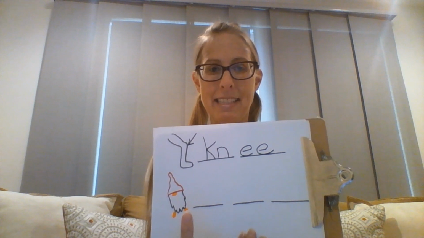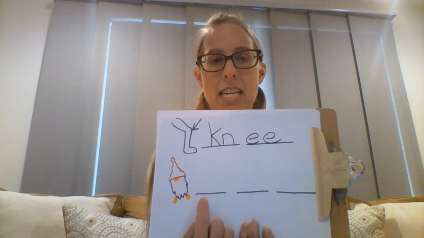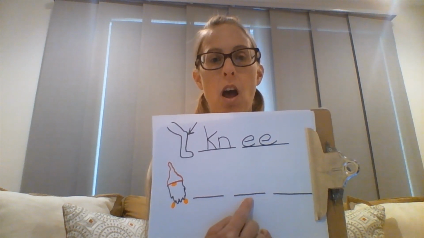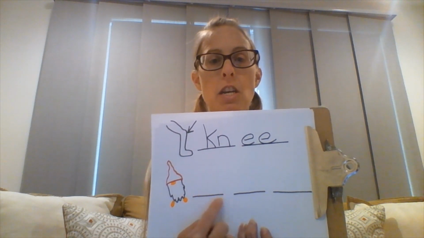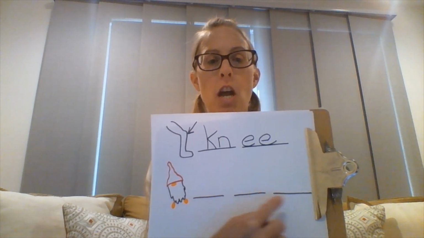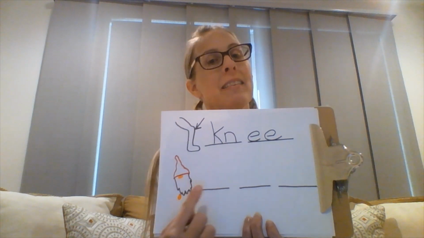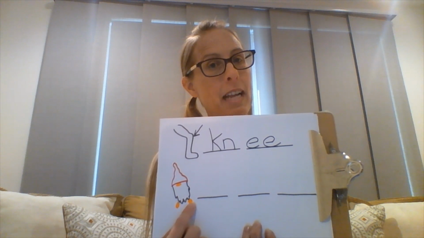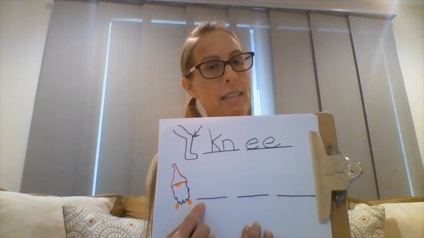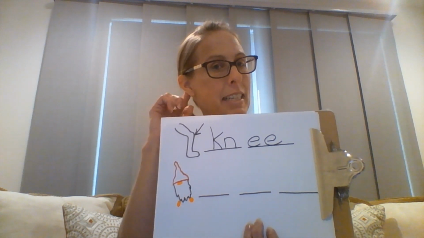So again, let's see how many sounds we hear. N, O, M. Gnome, gnome. All right? The silent letter, again, I'll give you a hint, is at the very beginning. So you're going to have two letters here. One is silent, and then the next one you could actually hear.